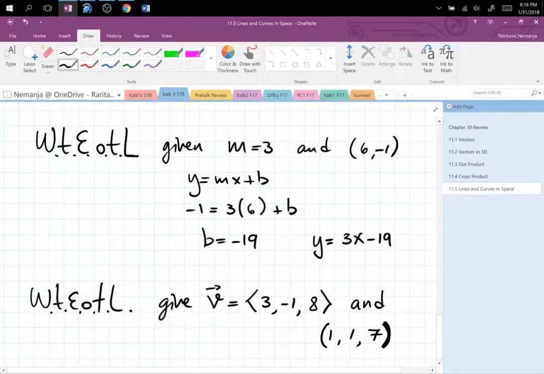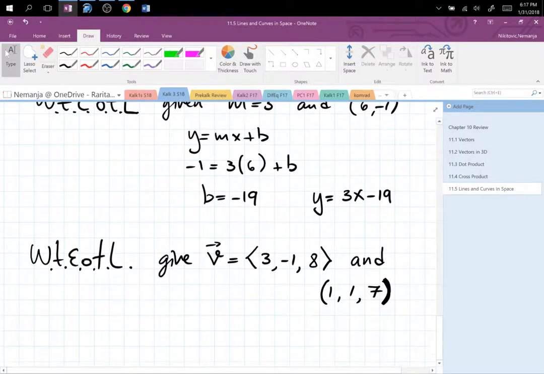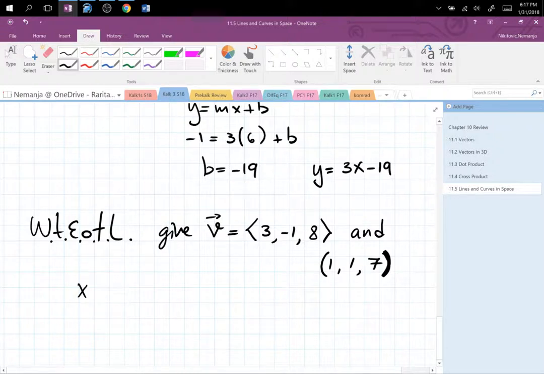Now, what do we do? Well, you have the point, and all you're going to do is say, fine, my x, y, z parametric equations are going to be vector v times t.